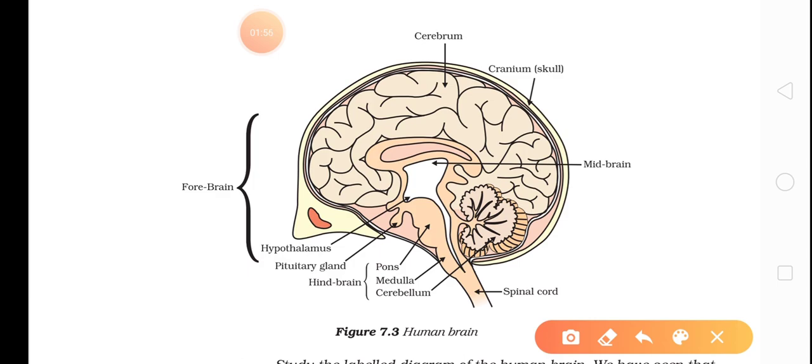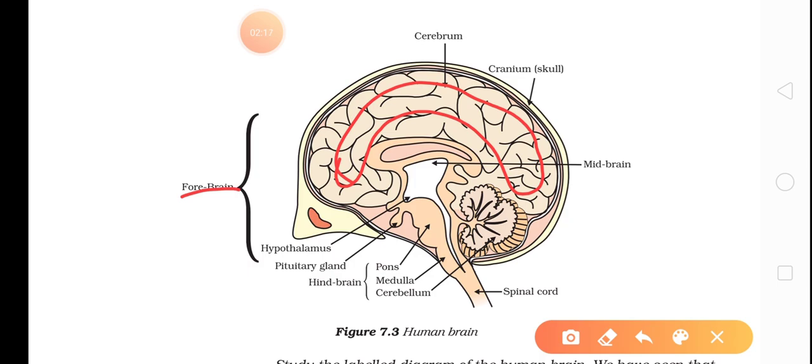After that, below the cranium, you have your forebrain. The area which you see over here is your forebrain.